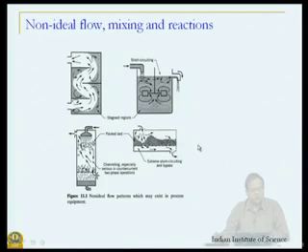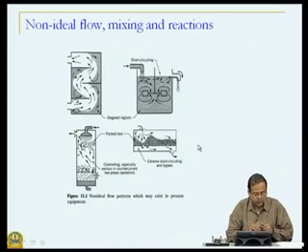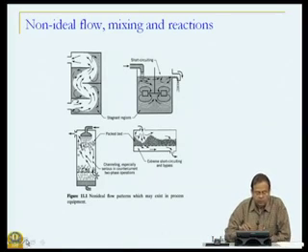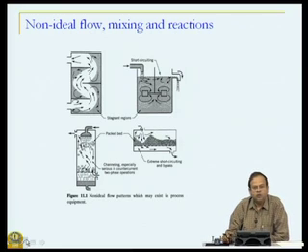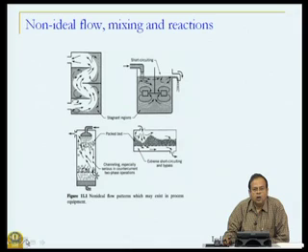To begin with, let's look at some of the typical flow patterns inside the reactor. For example, let us say that we have a stirred tank reactor, and that is something that we use quite frequently.